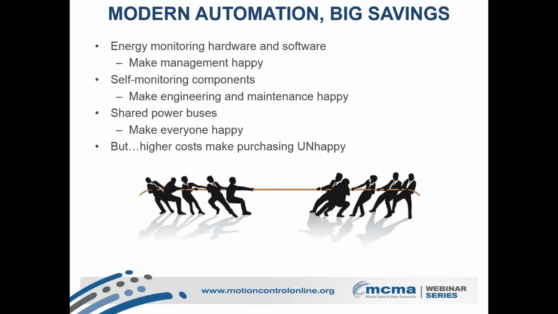Now, as I mentioned, motion control has big answers for all of that. In particular, many vendors out there these days have some kind of visibility or transparency software that allows the end user to see exactly where energy is being consumed.